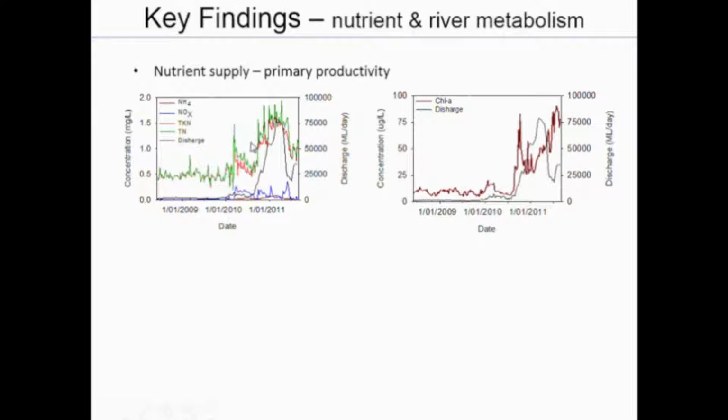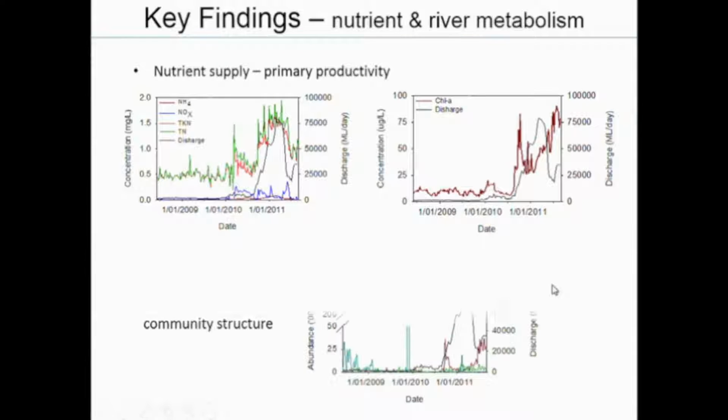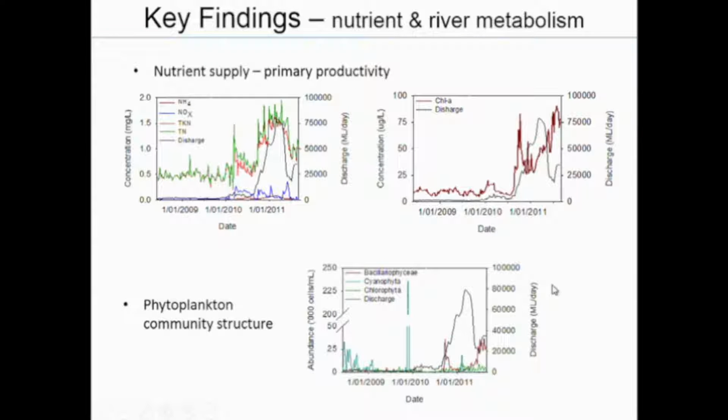Increased nutrients led to increased primary productivity, as shown by chlorophyll A, that's increased after flow. We also found that phytoplankton community structure changed. During the drought period, the plankton community was dominated by cyanobacteria, cyanophyta.